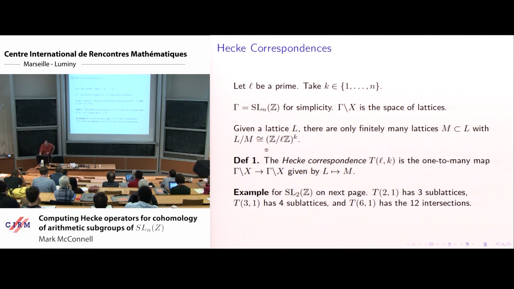So I've been teaching a course to some undergraduates recently, where we do basic modular forms and then touch on this SL3 and SL4 stuff a little at the end. But for the students, I made this picture of Hecke operators for SL2.